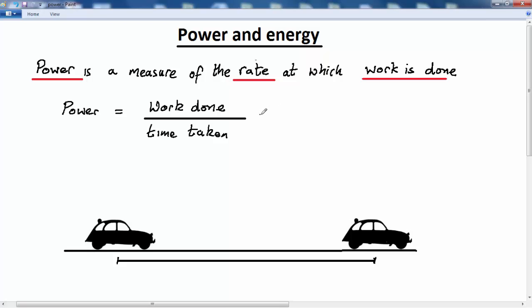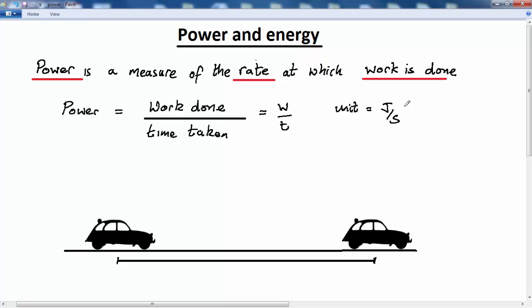So we can write that as equal to W divided by T, and the unit for work is the joule. Work has the same unit as energy, so it's joule per second. Then along comes somebody and says, I'm a very famous scientist and I'm going to name this compound unit after me, just to confuse hundreds of physics students in the future.